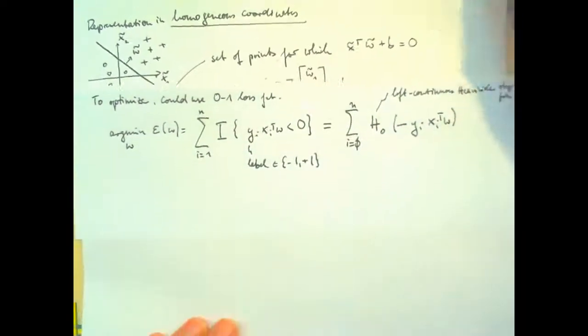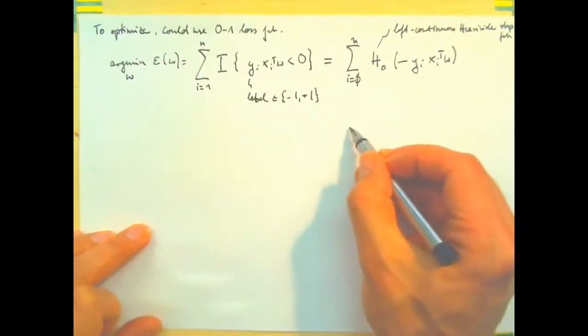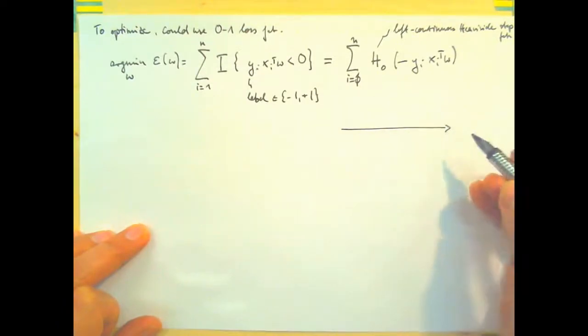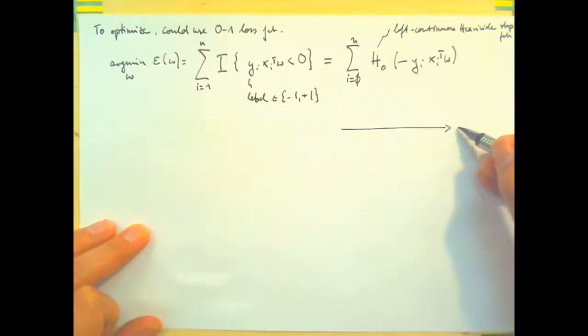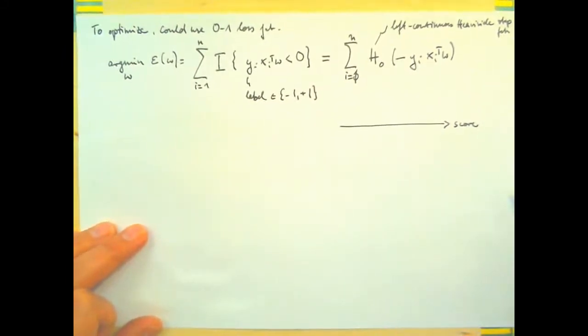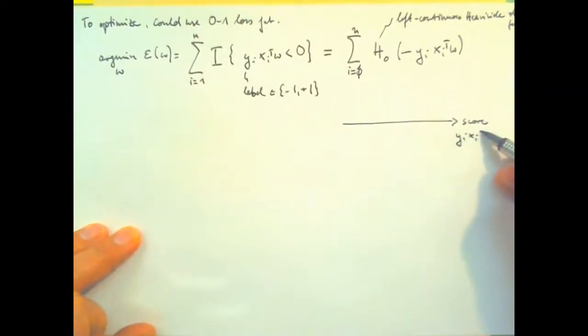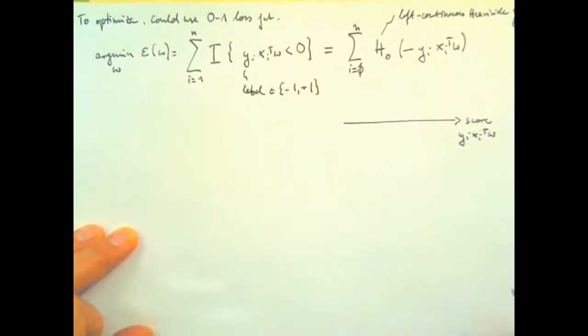So let me draw a picture for this. This is the score that my perceptron puts out. This is 0.